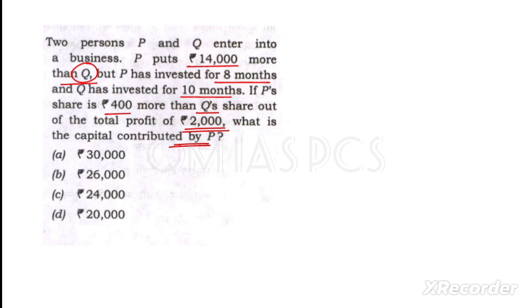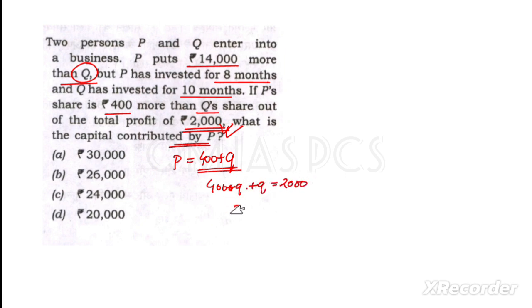Here you can approach from any direction, from the backward direction or from the front side. If I go from the backward direction, it is given about the total share. Total share is 2000, and P's share is 400 more than Q. So consider Q's share as small q, and P is 400 plus q. The total is 2000, so 400 plus q plus q is equal to 2000.